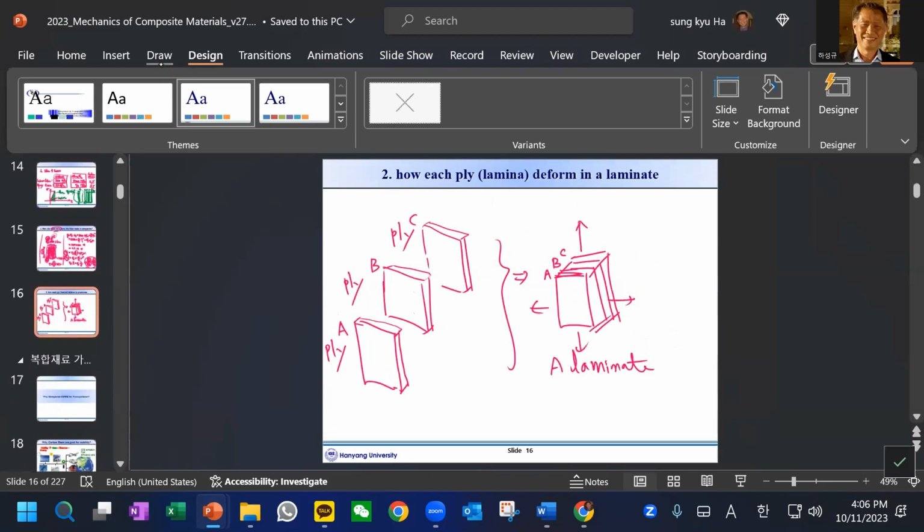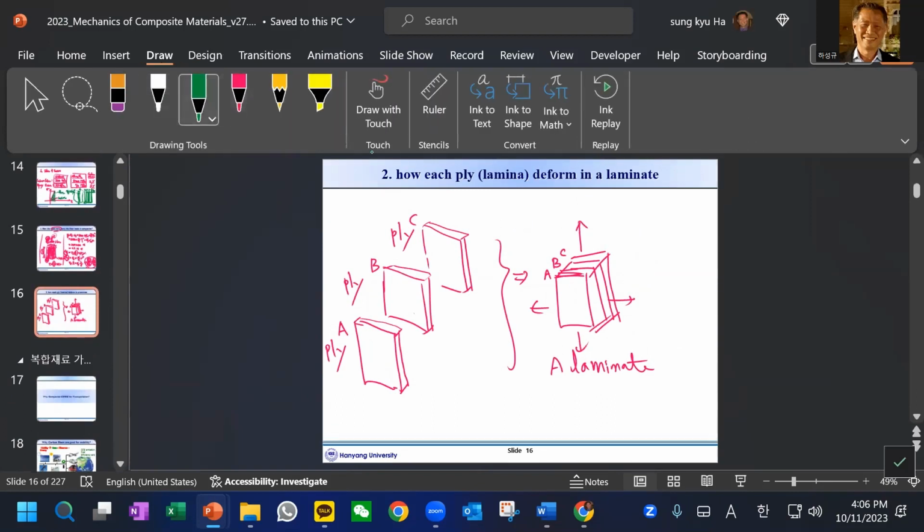Now, the most important point I'd like to emphasize here is that they are glued together and deformed together. So, regardless of the material property of A, B, C, the point here is that they deform together, like this.